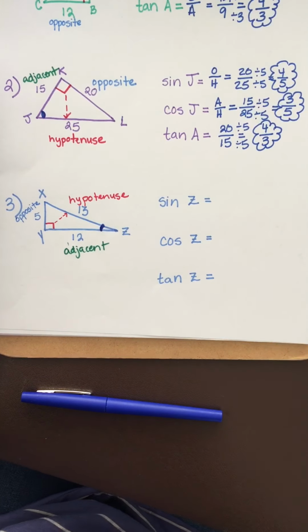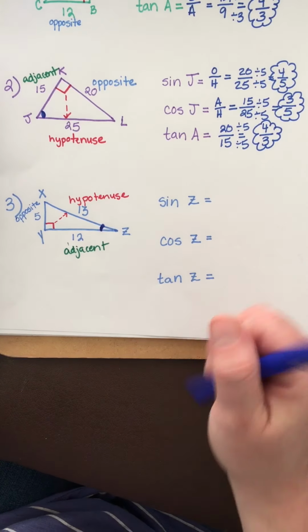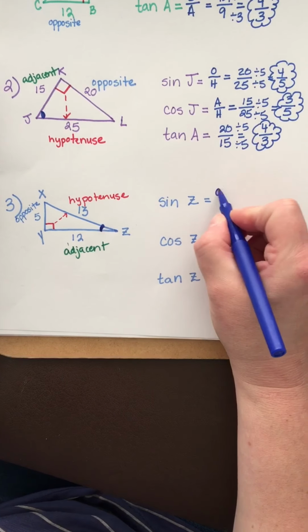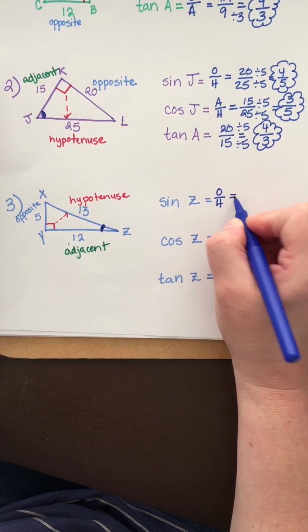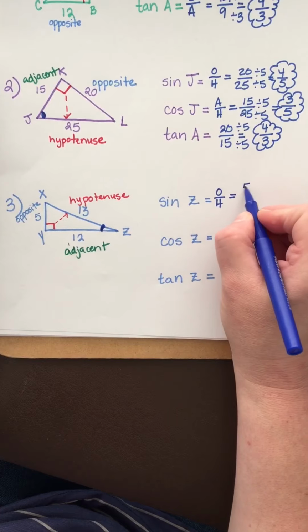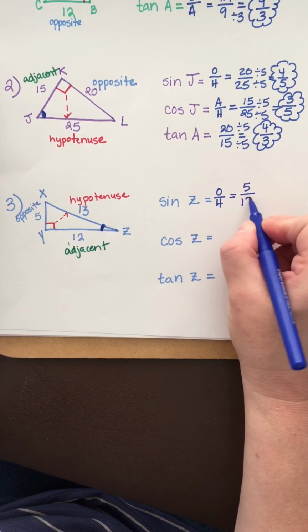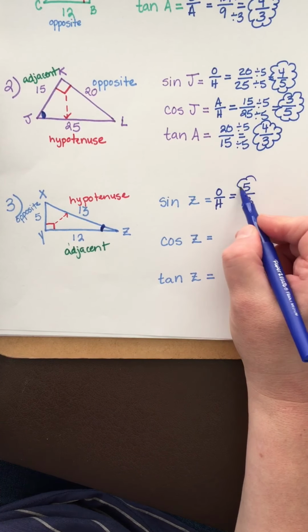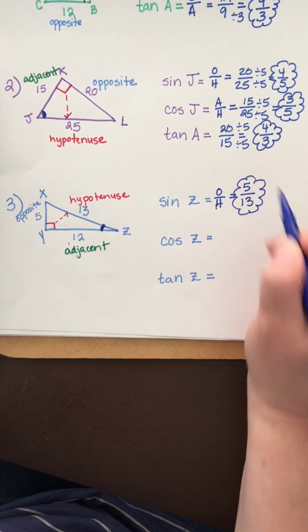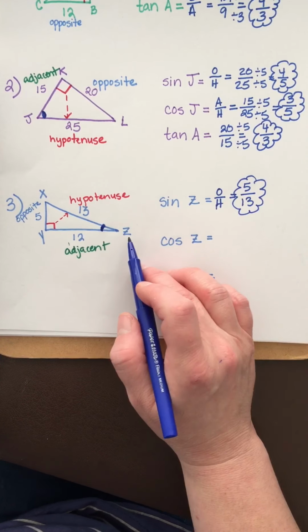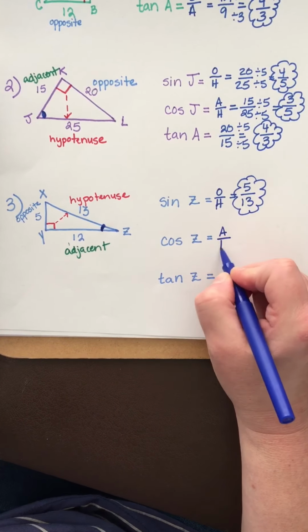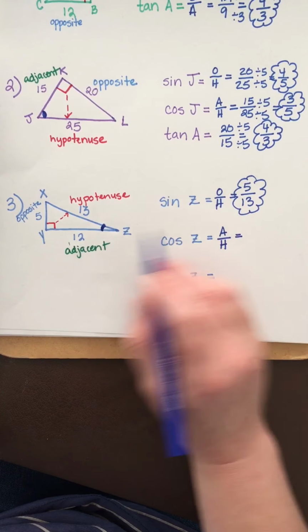Now we're ready to do our trig ratios. Sine is opposite over hypotenuse, so that will be 5 over 13. I don't need to reduce. I'm done: 5/13. Cosine is adjacent over hypotenuse. Adjacent is 12.